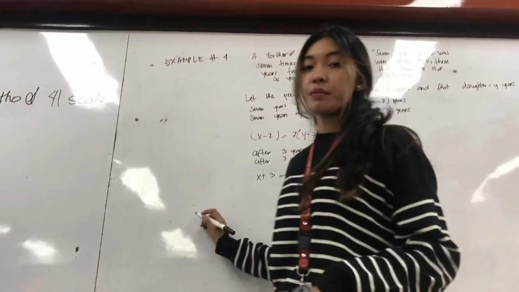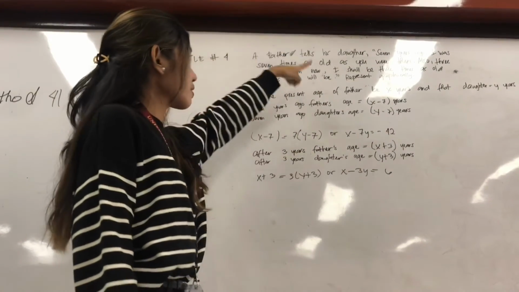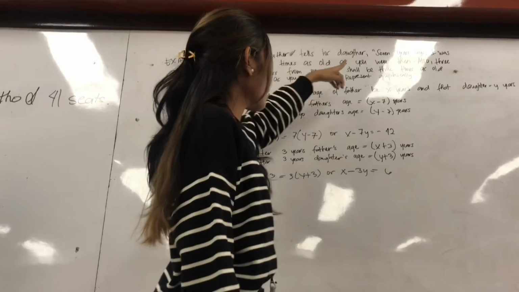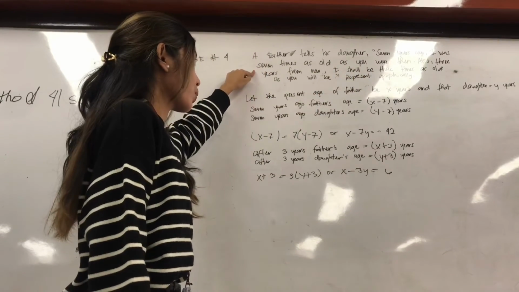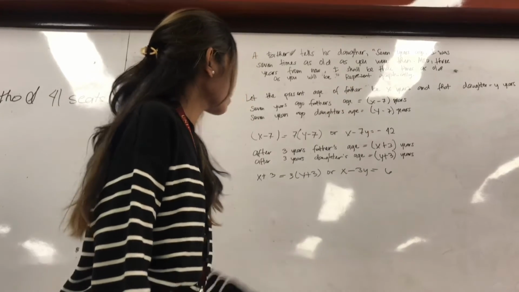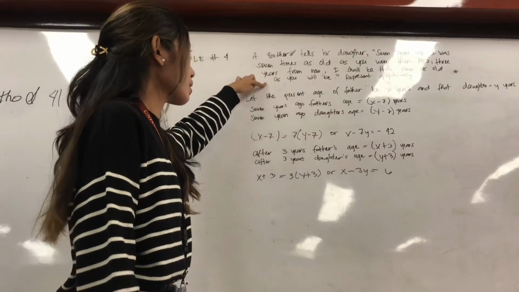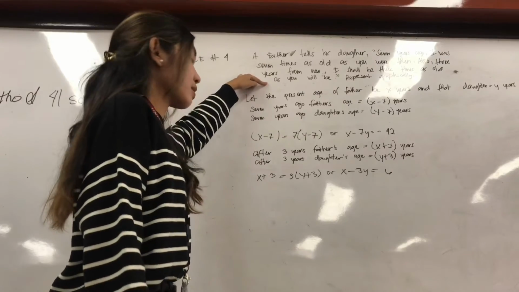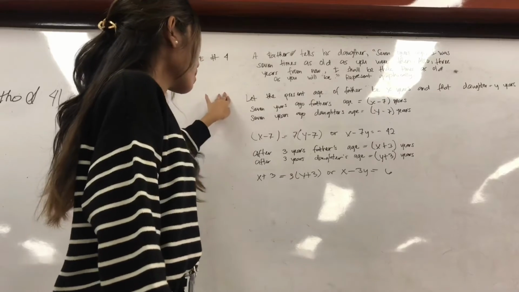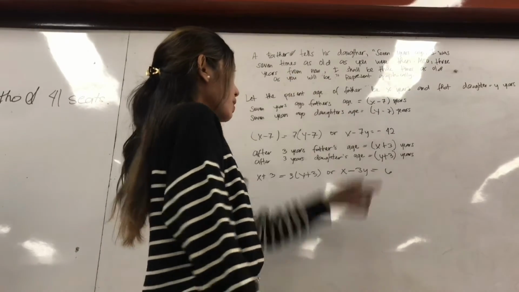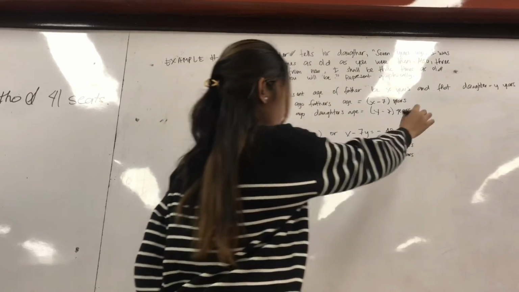So example number 4. The word problem is, a father tells his daughter, 7 years ago, I was 7 times as old as you were then. Also, 3 years from now, I shall be 3 times as old as you will be. Represent this graphically. First, let the present age of the father be x years and the daughter's be y years.